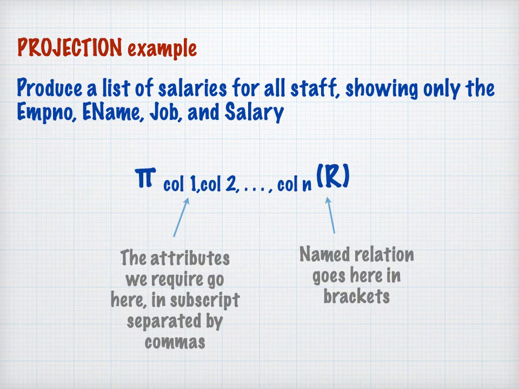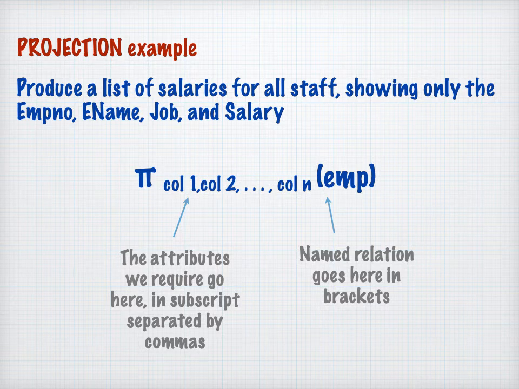Now, to write that down in relational algebra, we use this notation, and it's quite straightforward really. First thing we do is put the named relation inside the brackets. In this instance, what is the name of the table? Well, that's the emp table. So we just write emp in there. You can see we put emp in brackets.